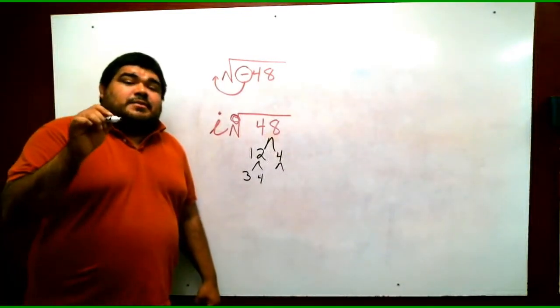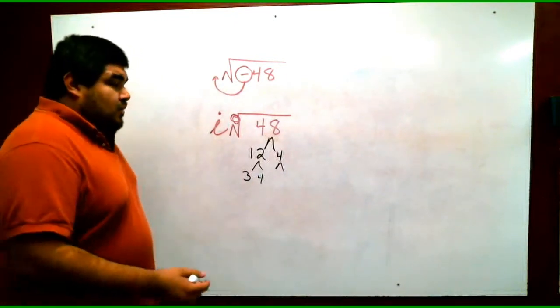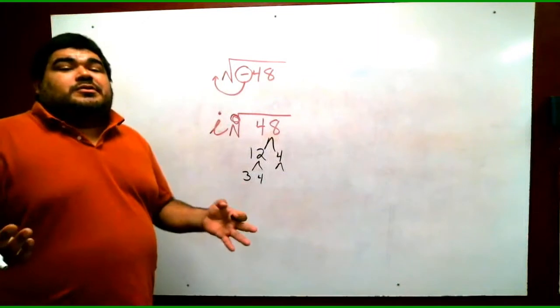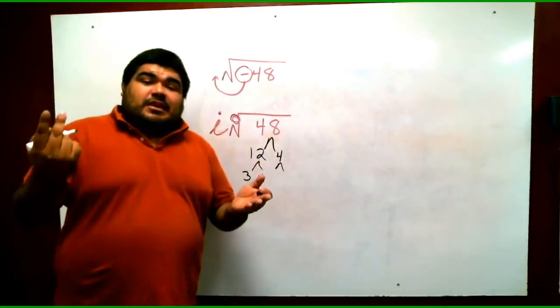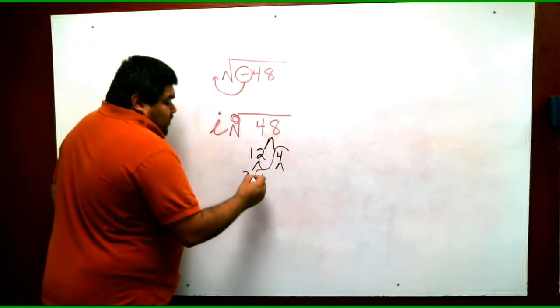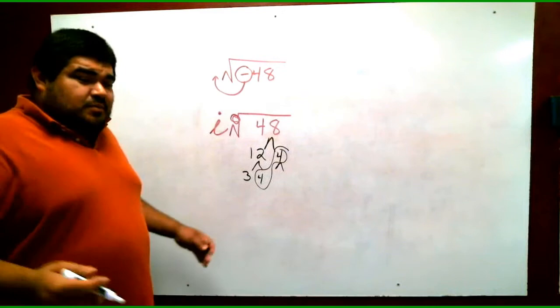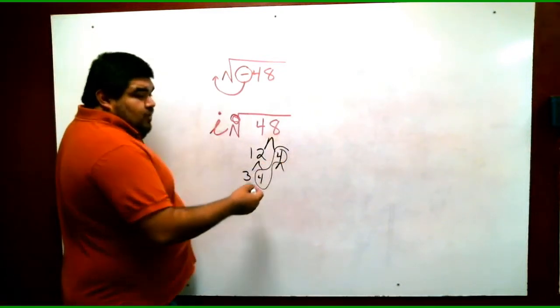But notice something here. Remember, we're looking for pairs of twos. Or not pairs of twos, but groups of the same that are the same. Okay? We already have a group of 4s, don't we? So do we really need to break down the 4s? We don't, because we already have what we're looking for, a group of 4s.